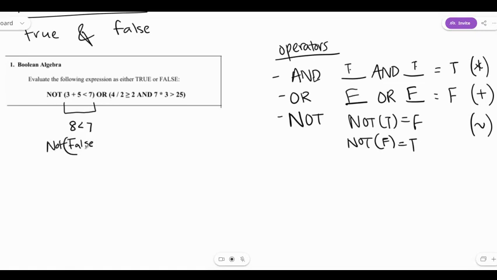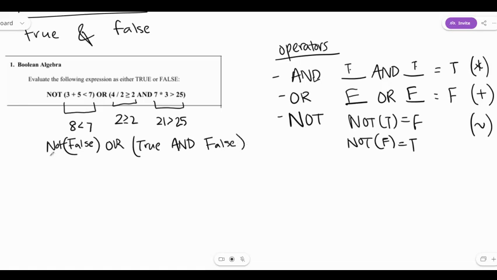Now we have not false, or, in this expression, 4 divided by 2 is greater than or equal to 2, which is 2 greater than or equal to 2. That's true. And 7 times 3 greater than 25, which is 21 greater than 25, which is false.